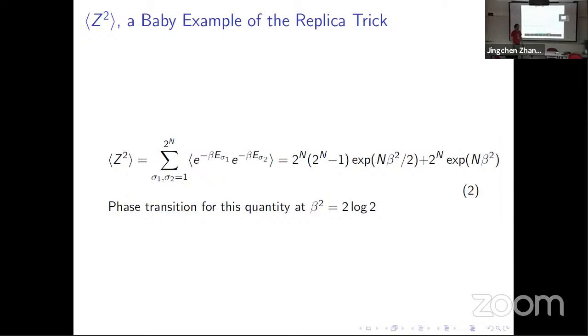There are two possibilities: either sigma 1 equals sigma 2 or it doesn't. If sigma 1 does not equal sigma 2, we get this first term, summing over the many, many possibilities where that's true. There are far fewer terms where sigma 1 equals sigma 2, but we get an enhanced contribution, basically because there's a constructive interference between these two terms. Do people see this?